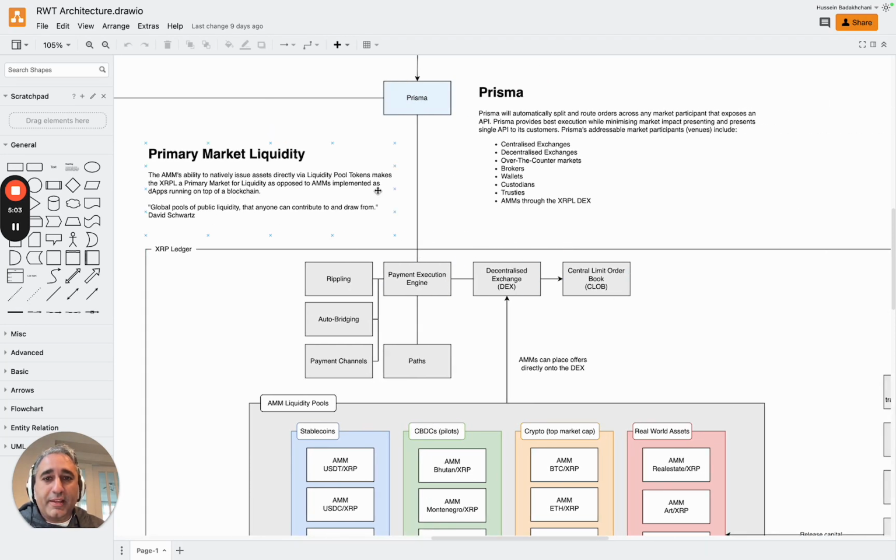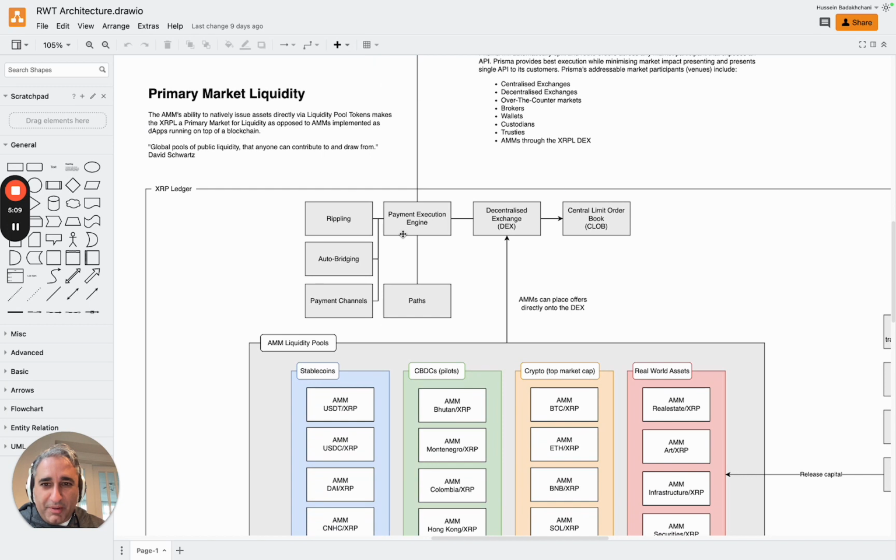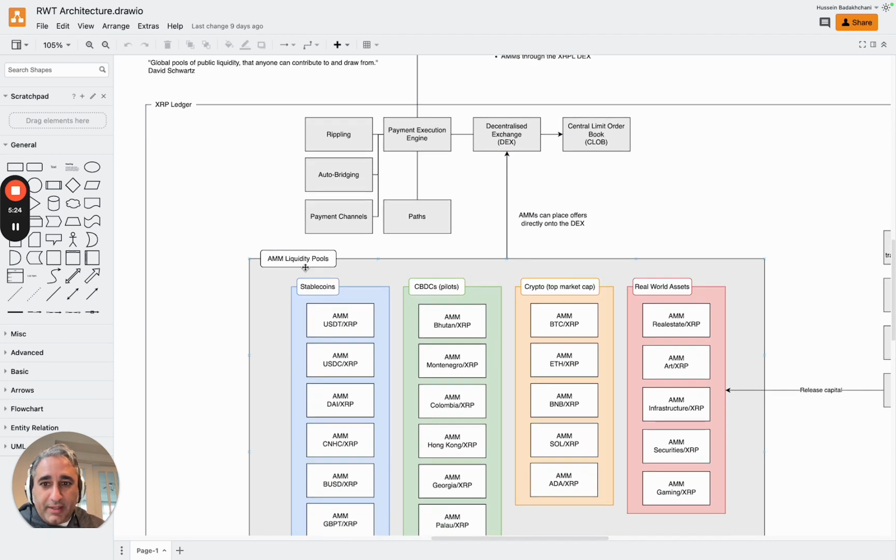So let's dig into this. There's an element of symmetry here that I like, and hopefully this will become clear to you guys as well. So the XRPL consists of a number of architectural components. The primary ones are the payment execution engine, the decentralized exchange with its central limit order book, and then the AMM liquidity pools. So these two are really one element, I think.